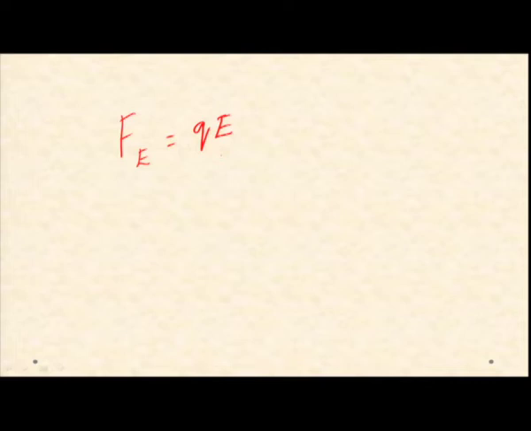Since the charged particle is moving in the direction of the magnetic field, there is no magnetic force, but electric force is there. That electric force imparts an acceleration. That acceleration a is equal to the force due to the electric field divided by the mass of the charged particle. The force due to the electric field is qE, so a equals qE by m. Now you have learnt the acceleration in the x direction.